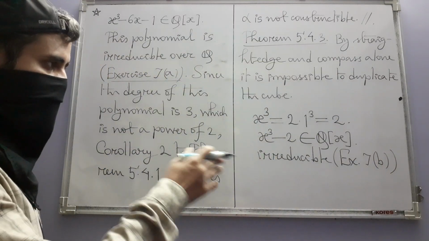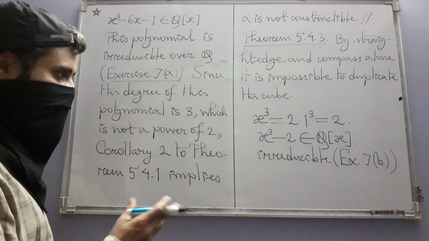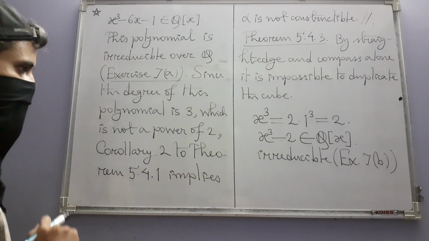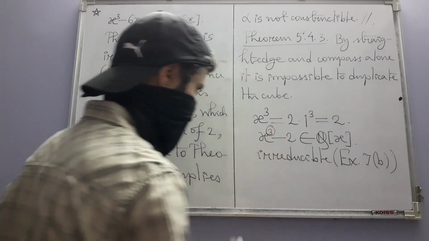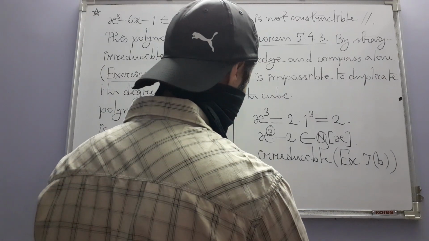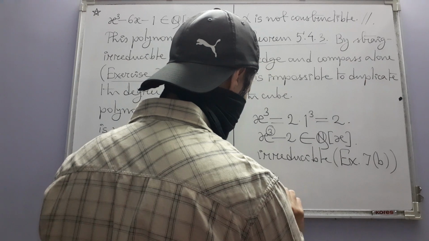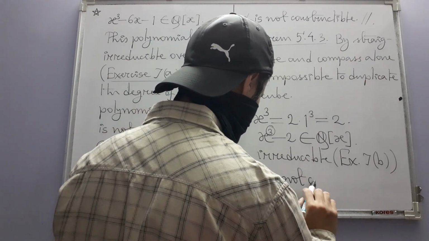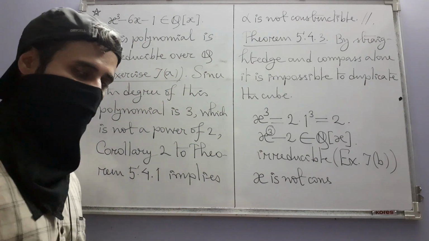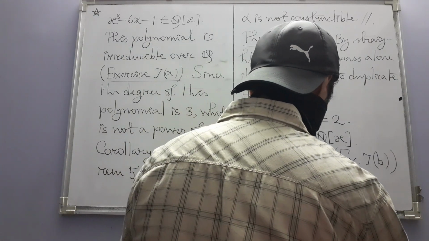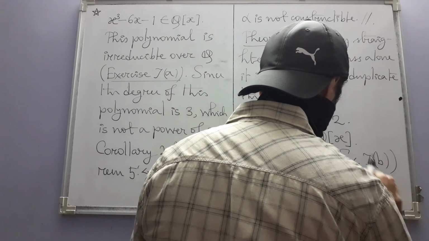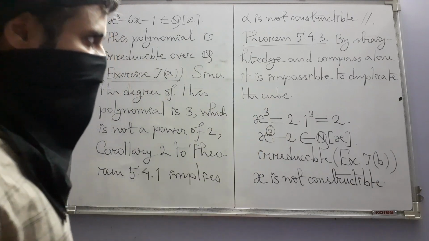So we will see there itself how this is irreducible. But then again, by the corollary to this theorem, since the degree is 3, which is not a power of 2, x is not constructible. So that side length cannot be constructed using only straightedge and compass. So that is essentially the idea of the proof.